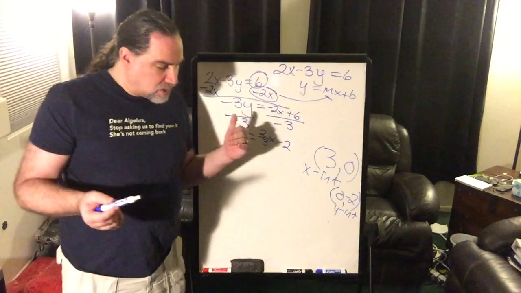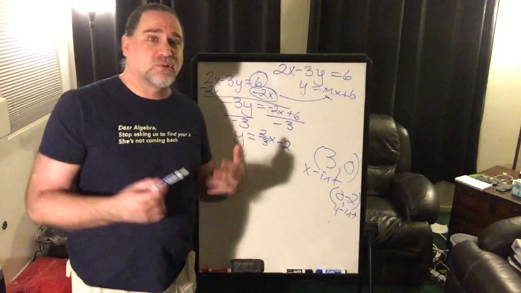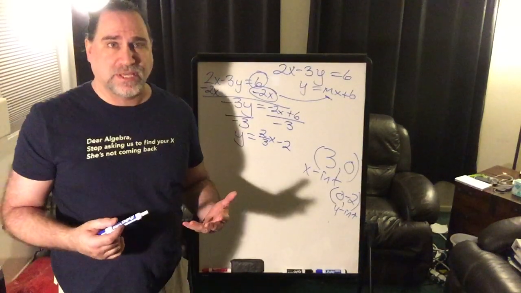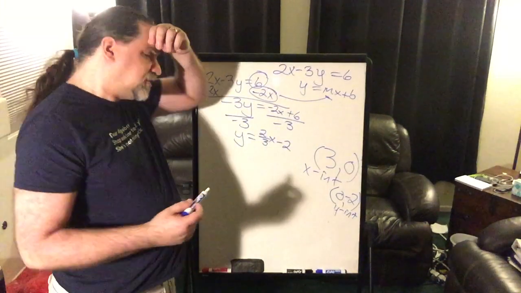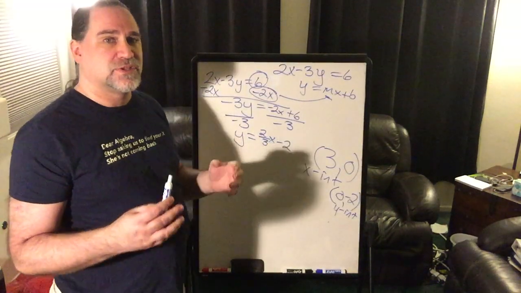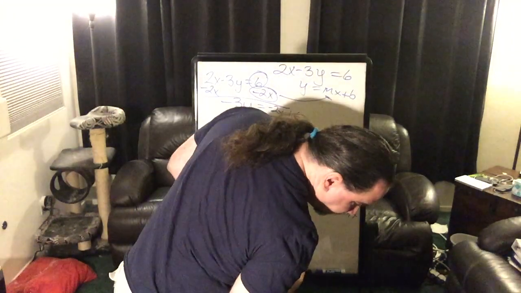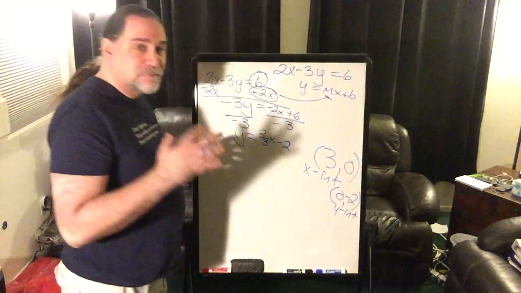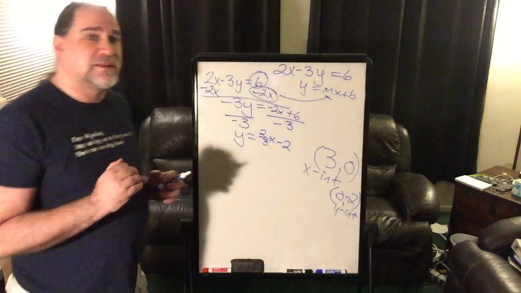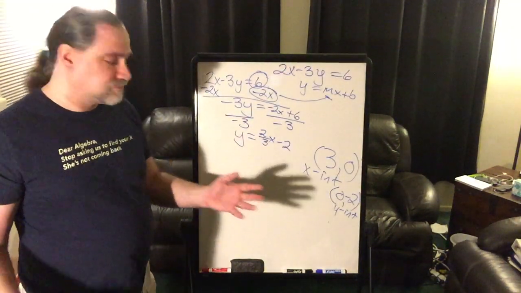And from that, now I can graph this very quickly. If you give me an equation in this form, I'm in a position to graph it super fast. Let's make sure we understand how to do that. So let's take a look. Now we already know what the graph looked like. We saw it, right?